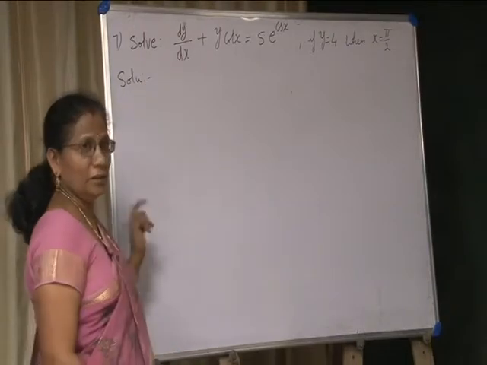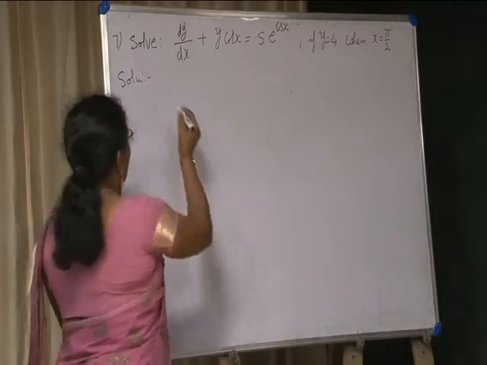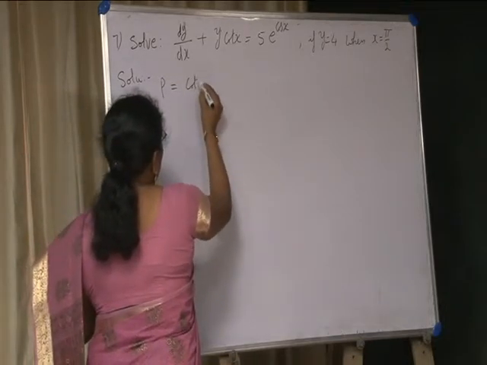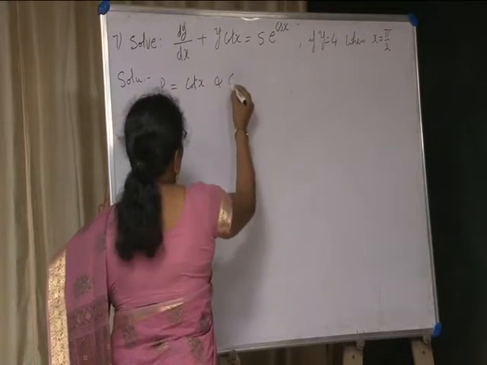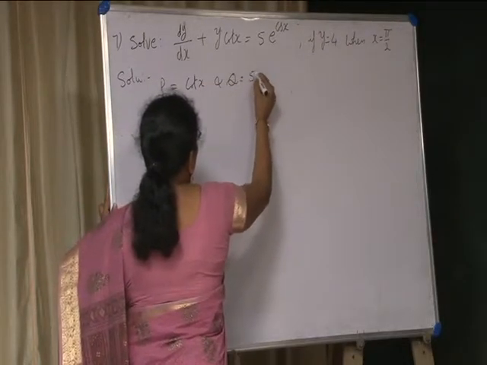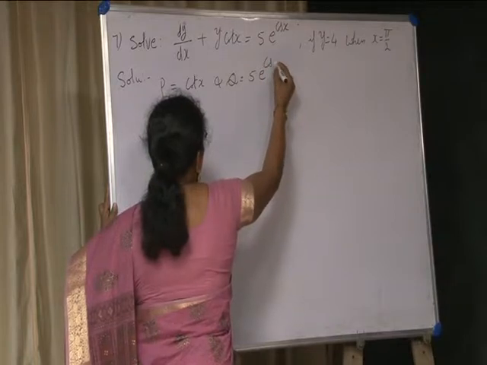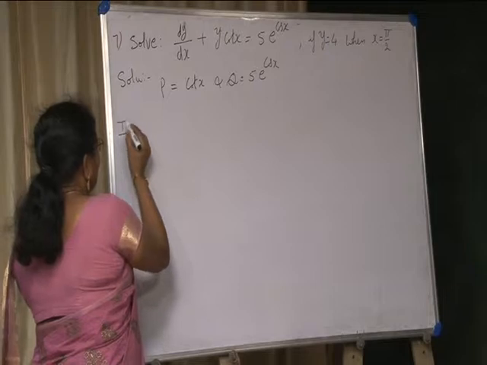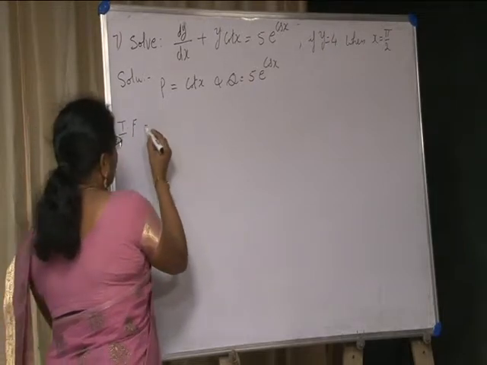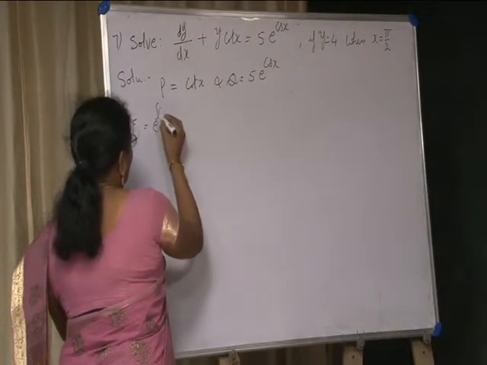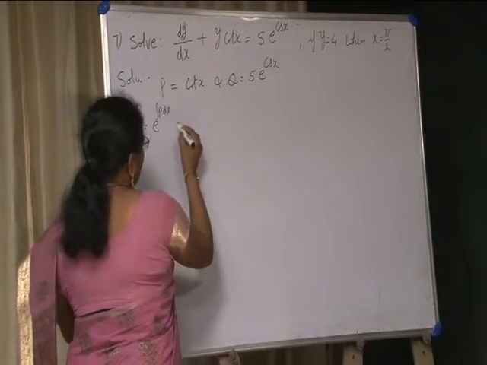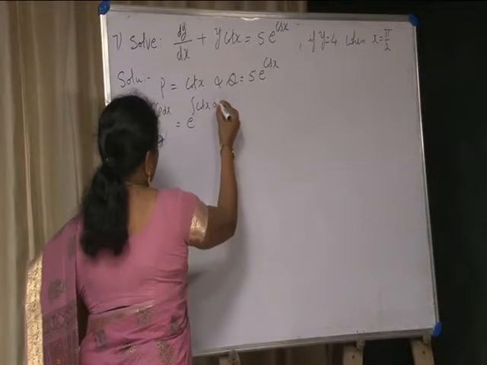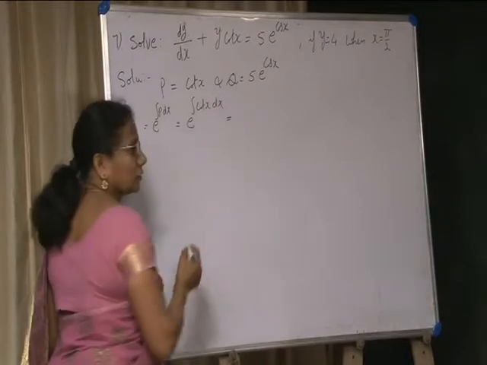Again this is a linear equation where P is equal to cot x and Q is equal to 5 into e to the power of cos x. Integrating factor is equal to e to the power of integral of p dx, e to the power of integral of cot x with respect to x.